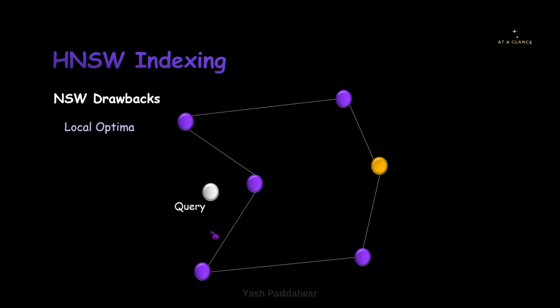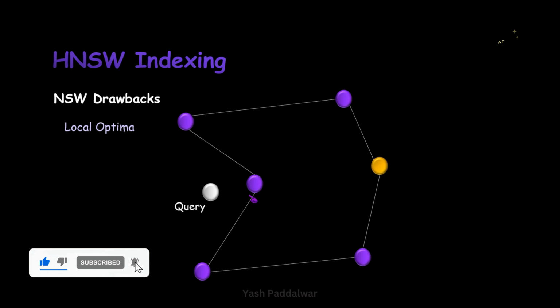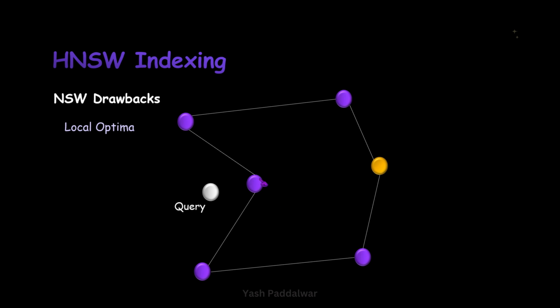So in such scenarios, we no longer have any neighboring node to which we can shift the current node. So this node will remain as the current node, and since there are no new neighboring nodes which are more similar, we'll simply output this current node as the final answer.